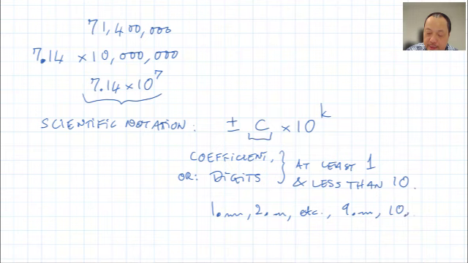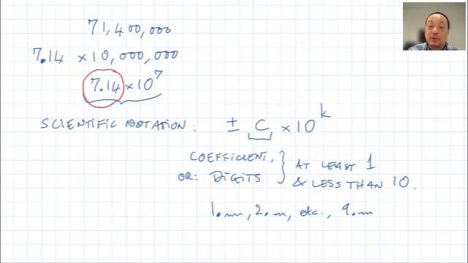And then 10 point something, yeah, 10 point something is at least 1, but we also want it to be less than 10, so we don't take 10 point something. We stop here. What this rule says is that we want this coefficient or the digits to be 1 point something, 2 point something, etc., up to 9 point something only.